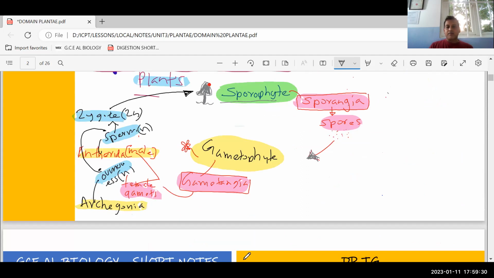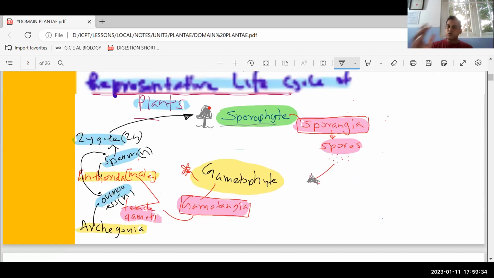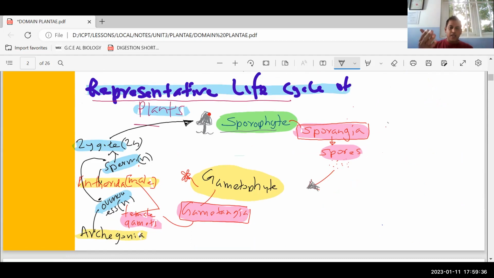This is the general life cycle. At least try to remember there are two stages: sporophyte and gametophyte, right? The sporophyte and the gametophyte stage.